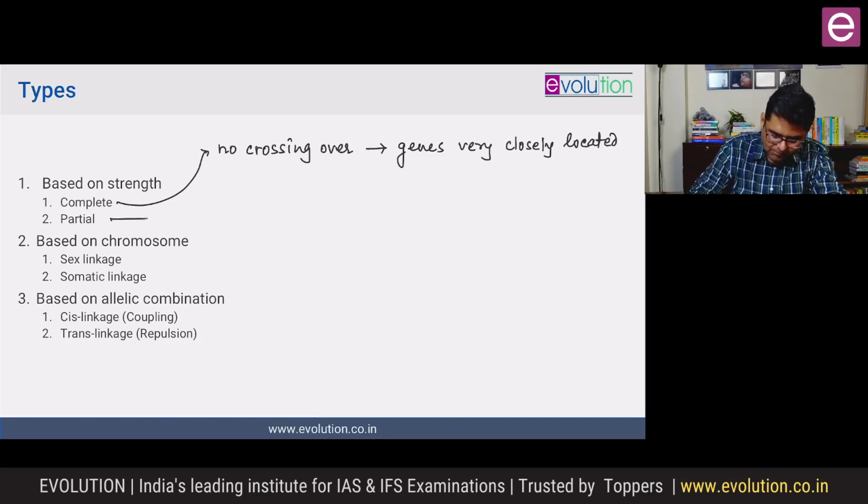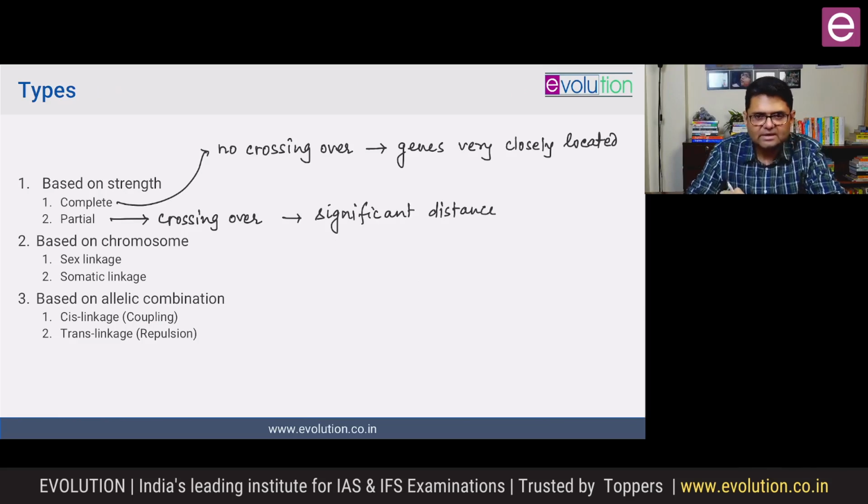Partial linkage, there is going to be crossing over, and there is some significant distance between the genes. Therefore, the genes are essentially getting crossing over between them.